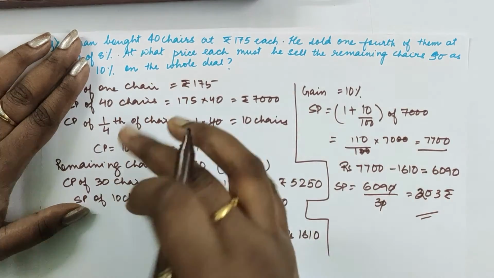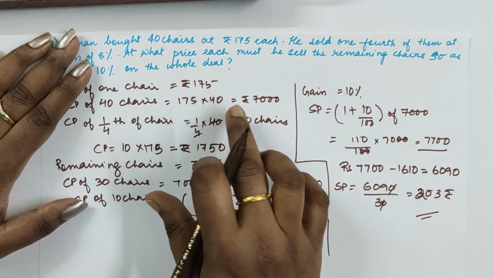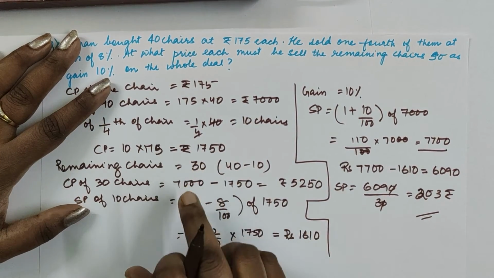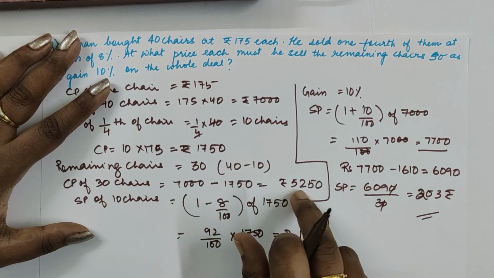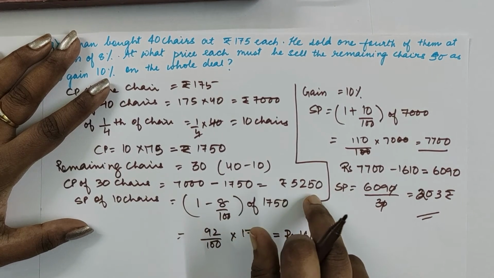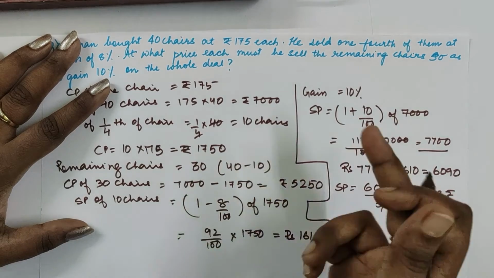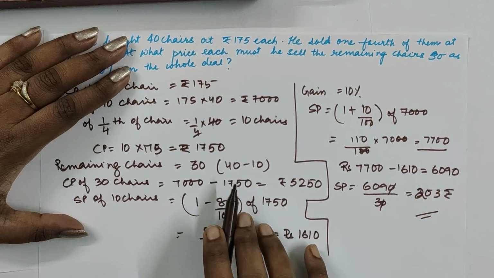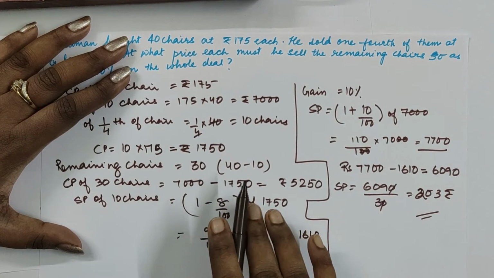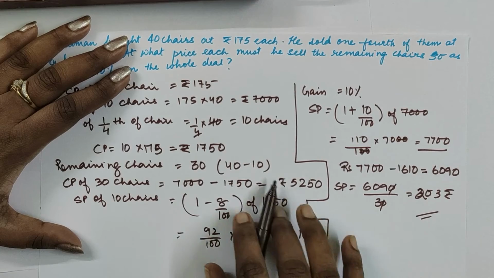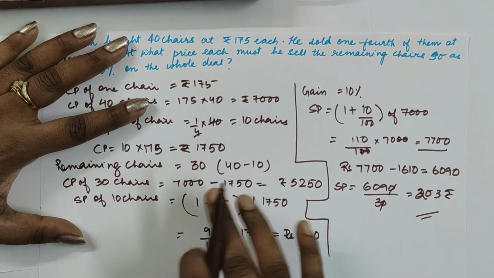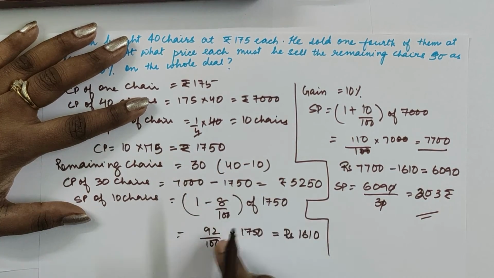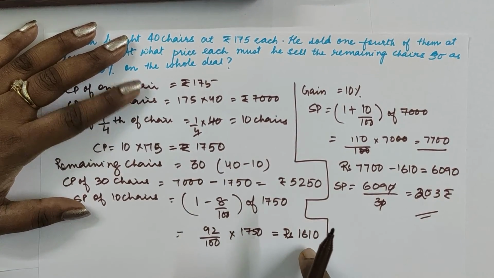I should sell the remaining chairs at 203 rupees. So just check it again. We are calculating the cost price of 40 chairs. 1/4 is already sold. Remaining chairs are 30. So according to the price, the cost price now is 5250. Now the selling price of the 10 chairs, based on the CP of 1750 we calculated, he has sold it at 1610 rupees.